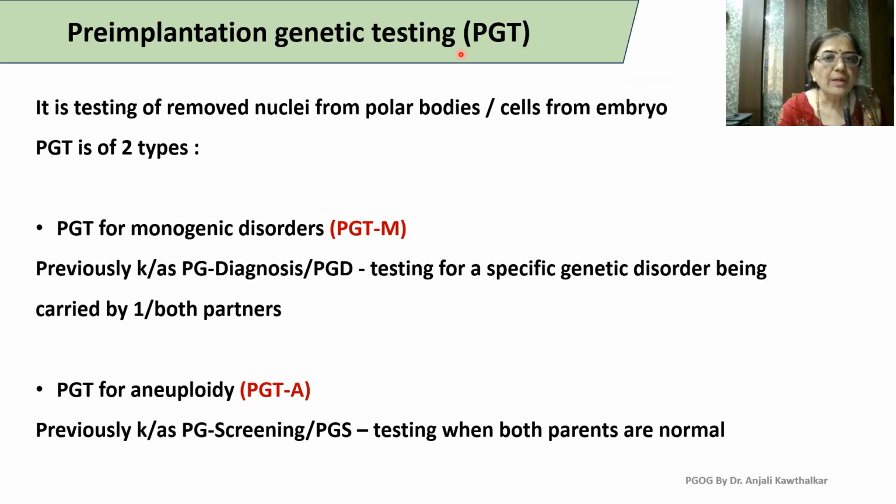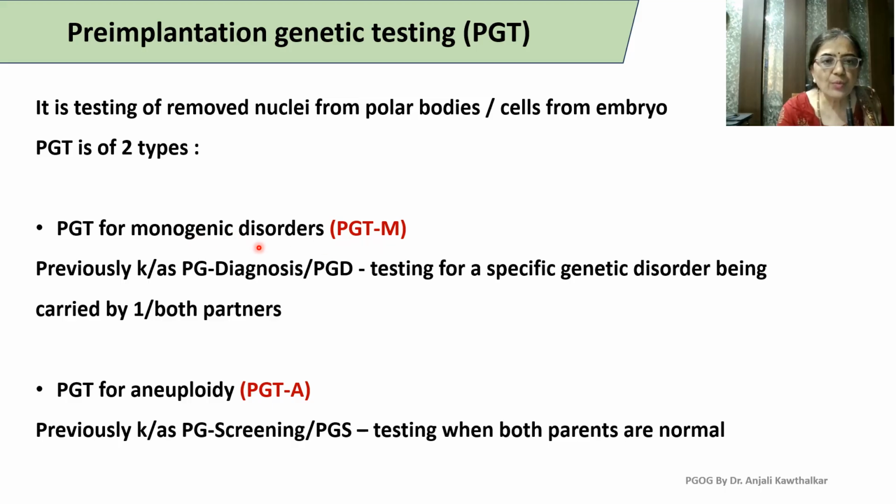Now coming to pre-implantation genetic testing, it is the testing of removed nuclei from polar bodies or the testing of the cells from the embryo. It is of two types. Whenever we go for only a specific monogenic disorder, it is called pre-implantation genetic testing for monogenic disorder, PGT-M. Previously it was called pre-implantation genetic diagnosis, but now the terminology used is PGT-M.